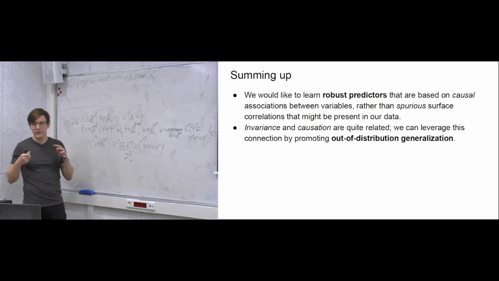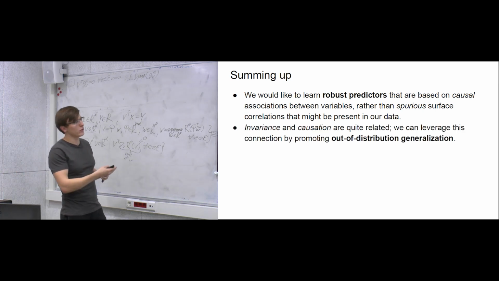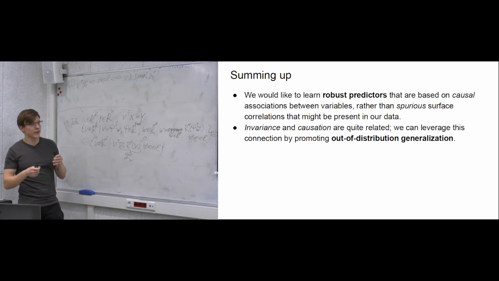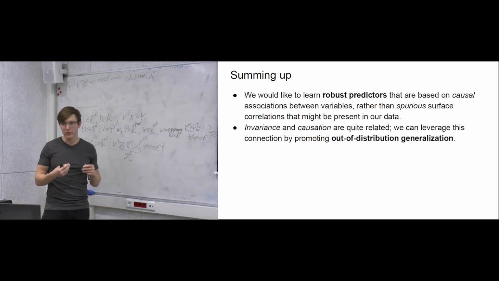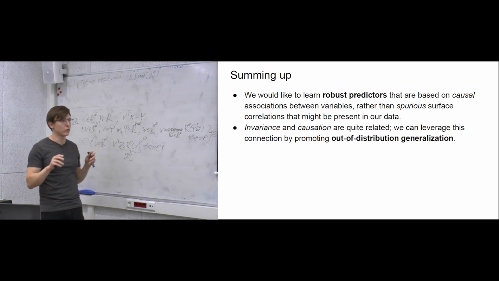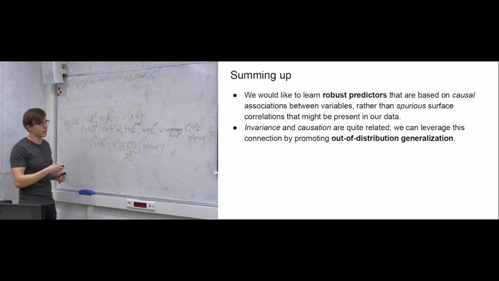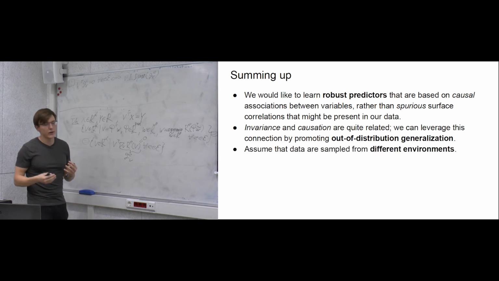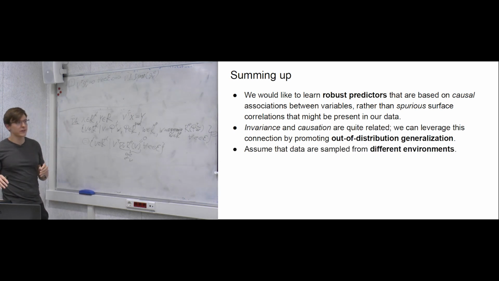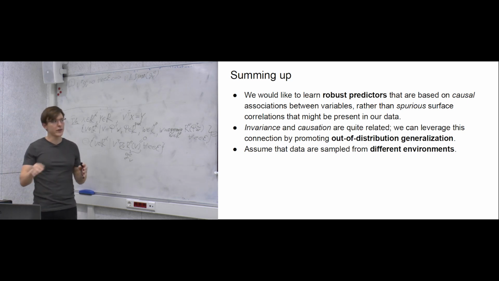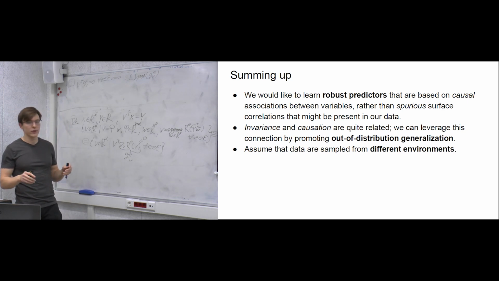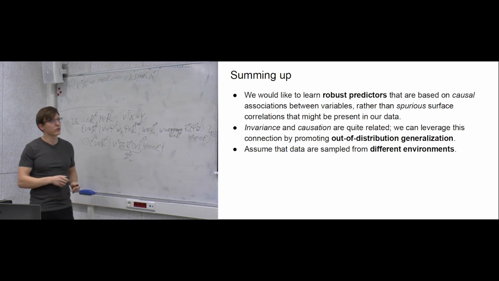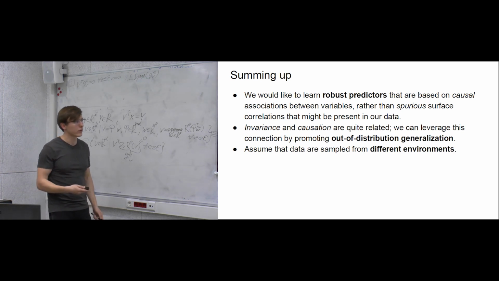For that, we notice that invariance and causation are quite related things, and we can leverage their connection by promoting out-of-distribution generalization, as we've seen in the beginning. Also, we assume that our data are sampled from different separated environments. They can vary, but all of these environments preserve the same causal structural equation for our outputs.